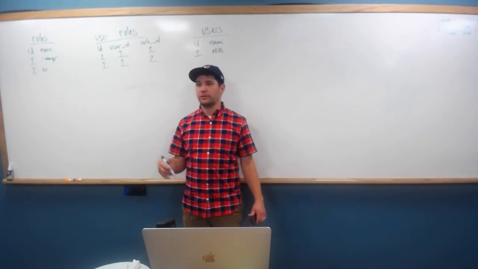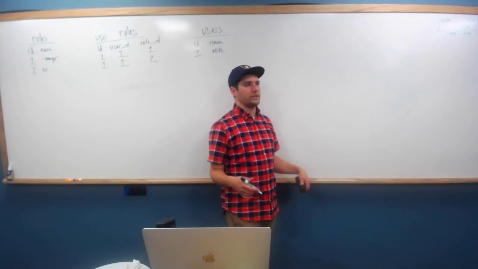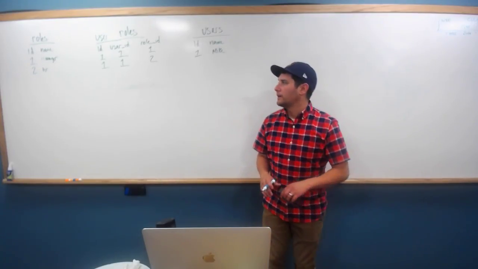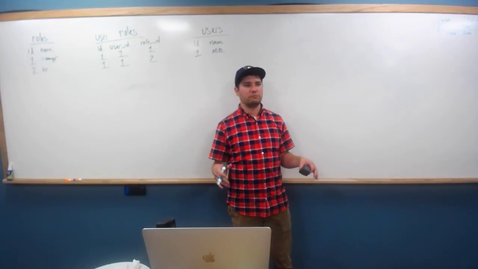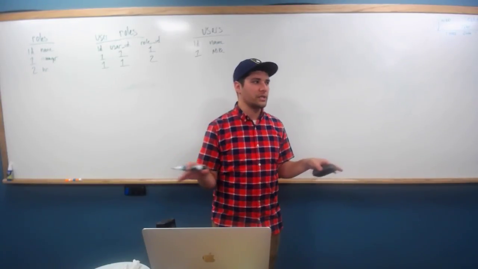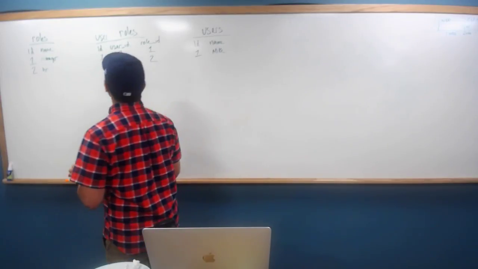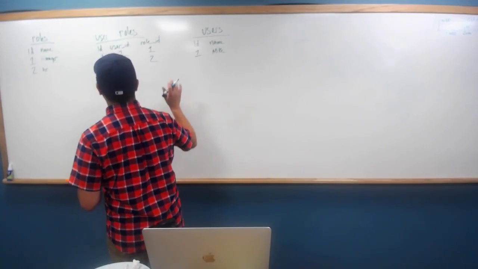Maybe software developers have access to information that other people don't, or something like that. This is going to be very different from one project to another, and there are no set rules. So what we're going to do is look at a really simple implementation of something like this.